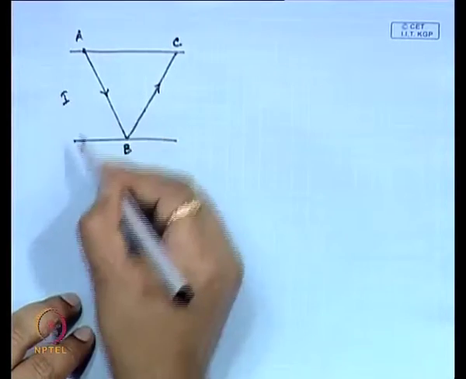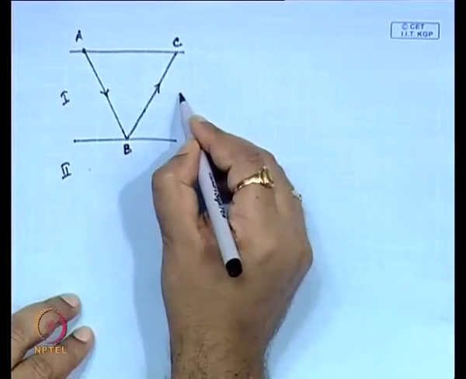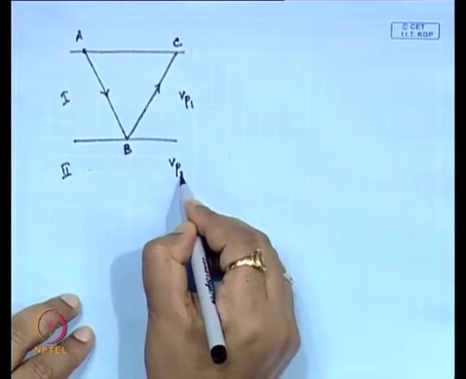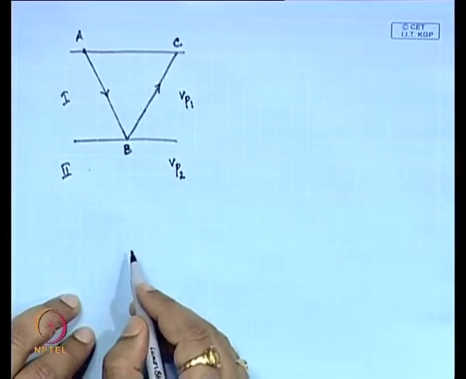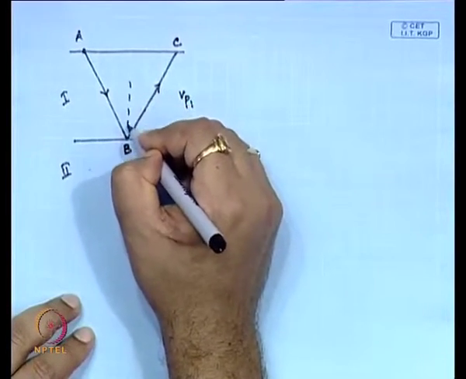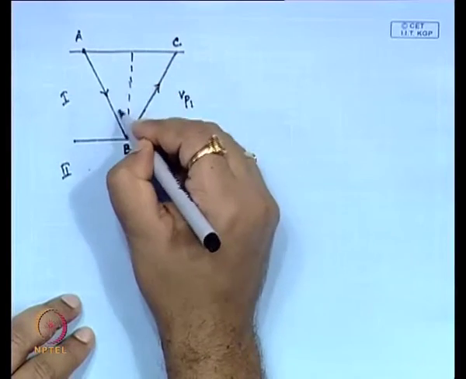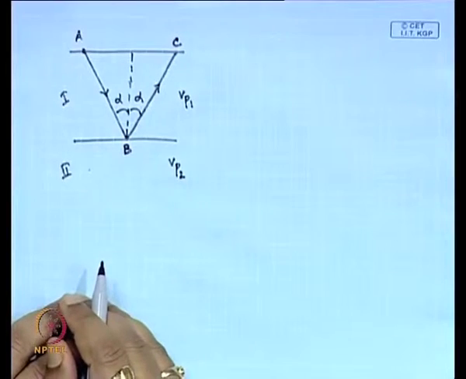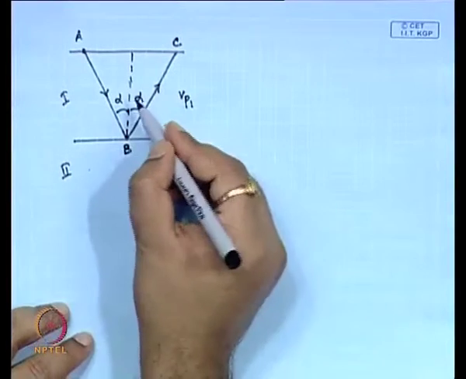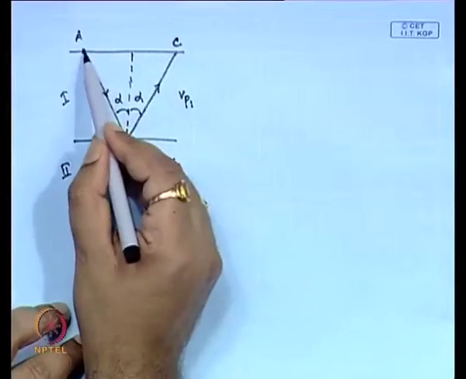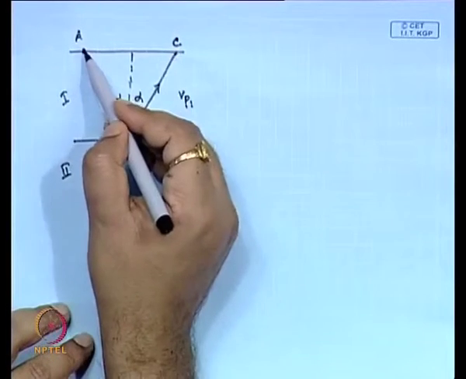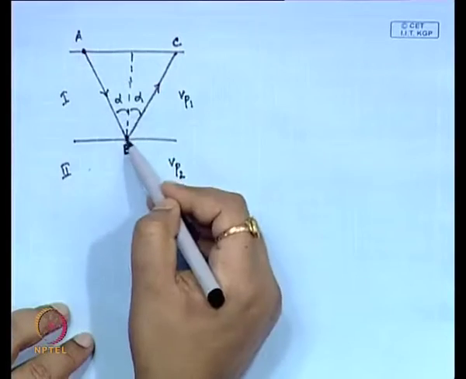So, this is the first layer, this is the second layer, where the velocity is V p 1 for the first layer and V p 2 for the second layer. Suppose this angle is alpha, this angle is also alpha.